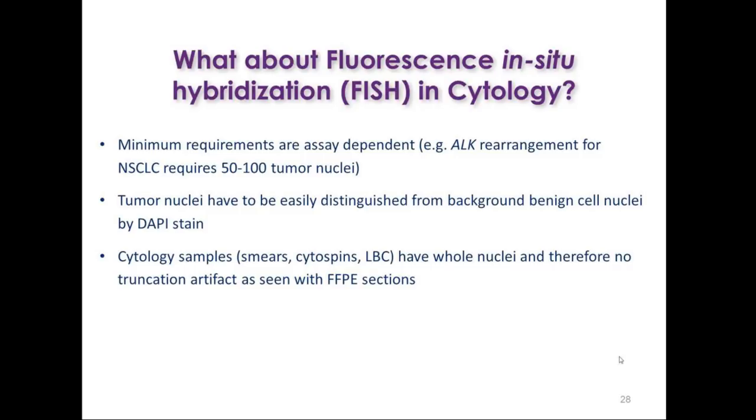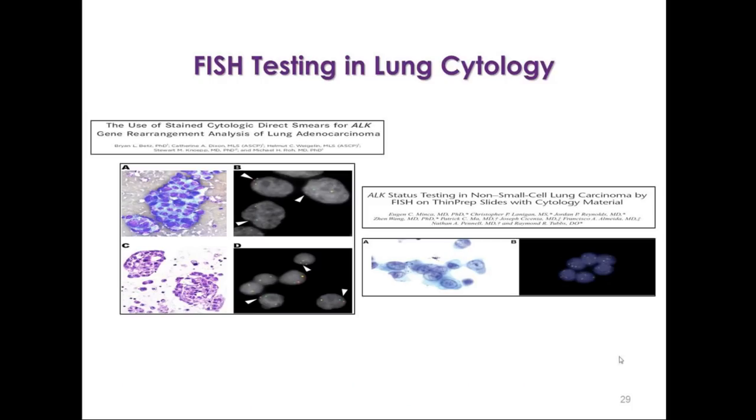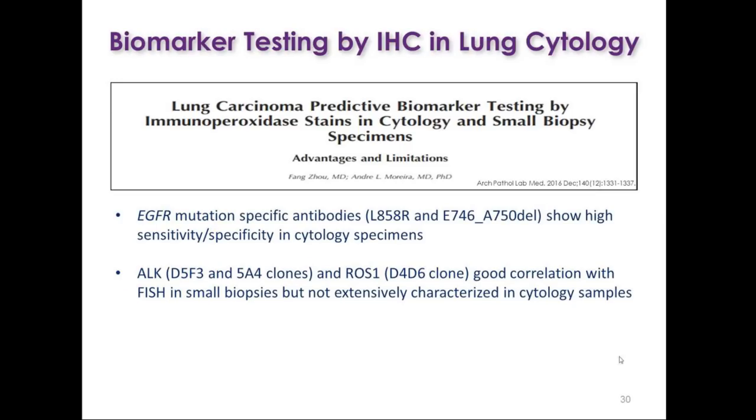They have entire nuclei, so they don't have the truncation artifacts that you see with FFPE sections. Our cytotechs who do our FISH testing actually prefer our air-dried smears because the nuclei are larger, so it's easier for them to count signals in them. Here are some publications on cytology smears and liquid-based preparations that have done ALK FISH in lung cytology.